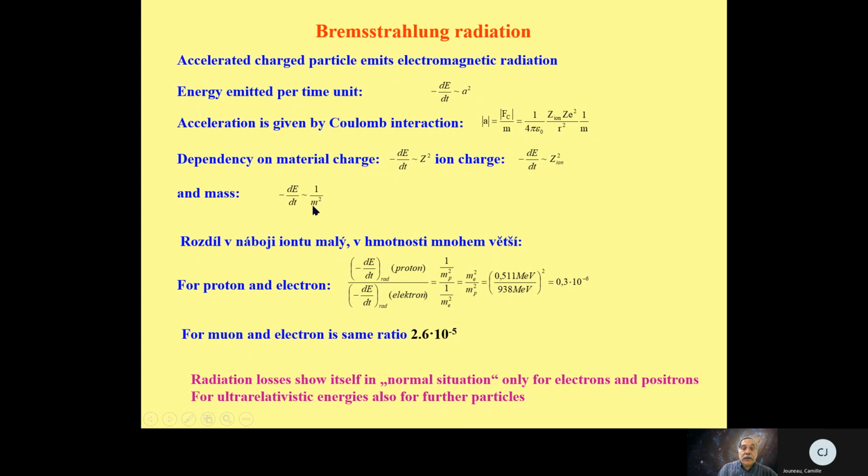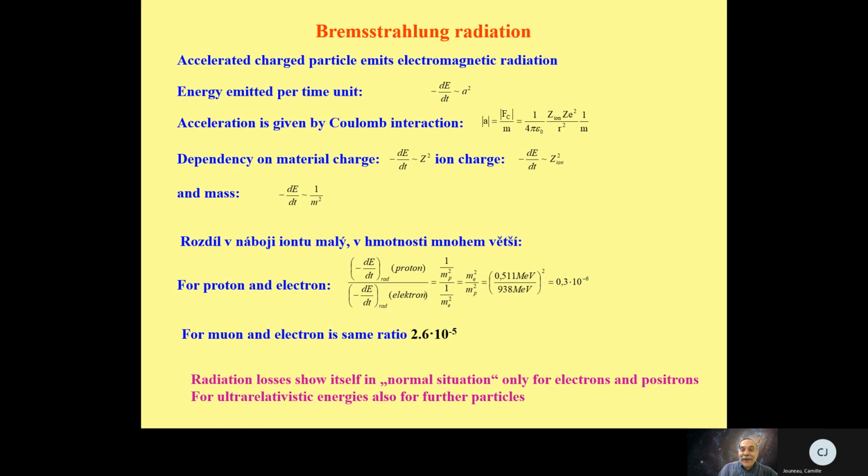If you look at proton and electron, the mass of the electron is 0.5 MeV, and the mass of the proton is 938 MeV. The proton is approximately 2,000 times heavier than the electron. And 2,000 squared is 4 million.